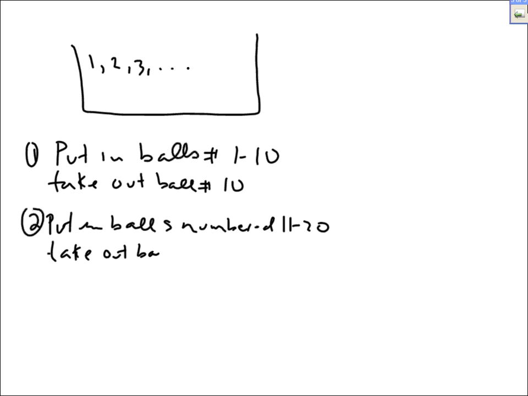Take out ball number 20. Step 3, put in balls 21 to 30, take out number 30. Okay, so you always put in 10 balls, and you take 1 out. And you do this forever and ever.